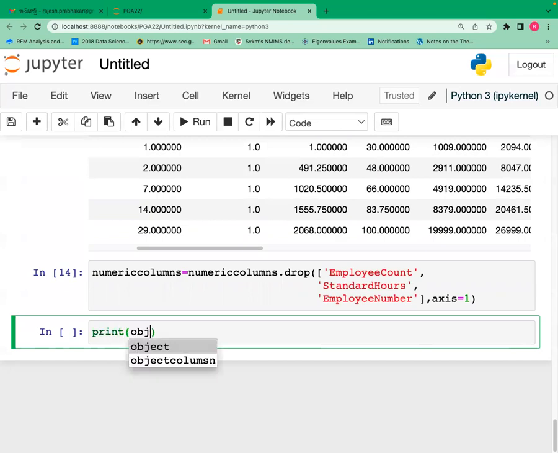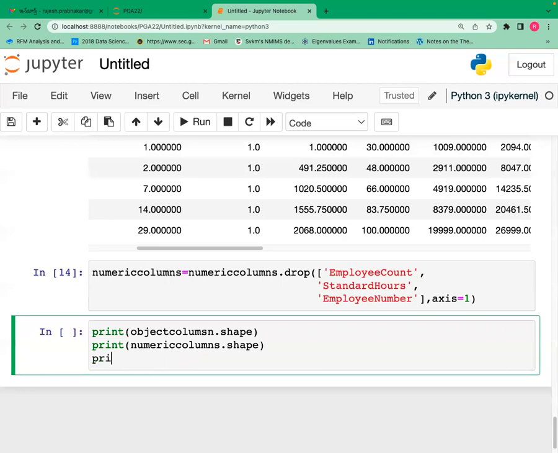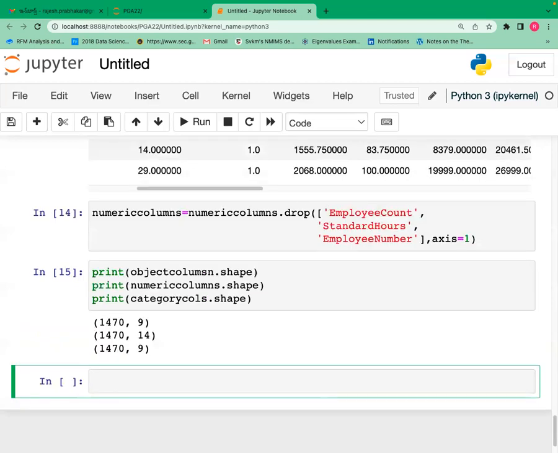Then object columns dot shape, then numeric columns dot shape, then category columns dot shape.